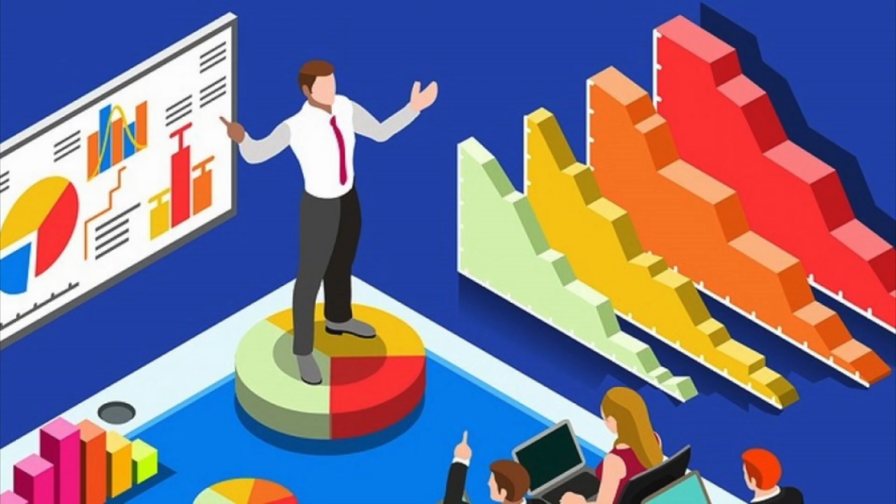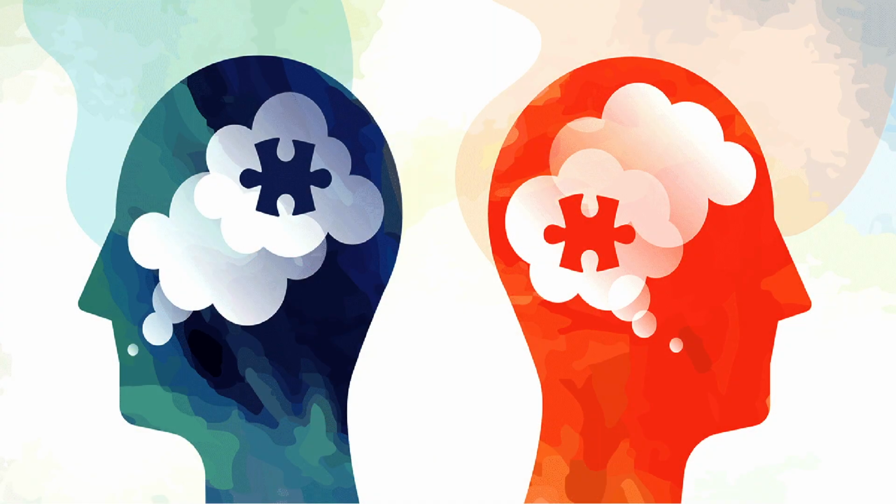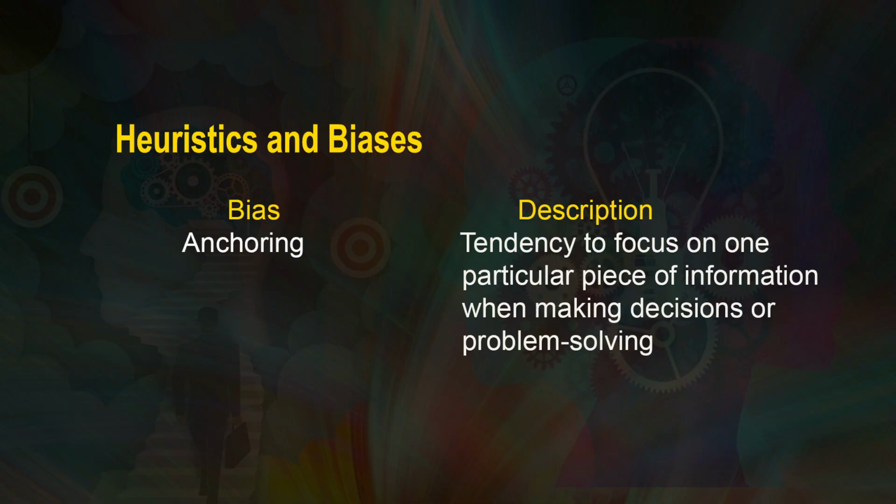Biases tend to preserve that which is already established to maintain our pre-existing knowledge, beliefs, attitudes and hypotheses. If we look at the following table, the biases and their descriptions. The first one, anchoring bias, means the tendency to focus on one particular piece of information when making decisions or problem solving.